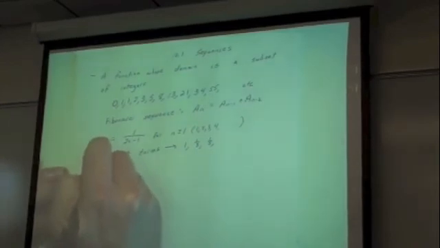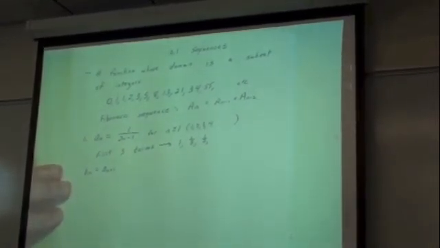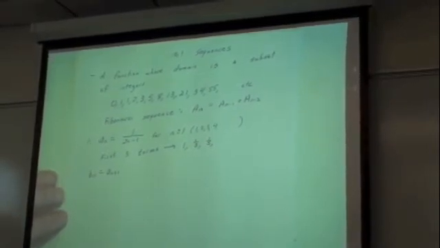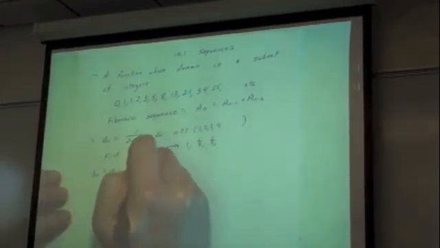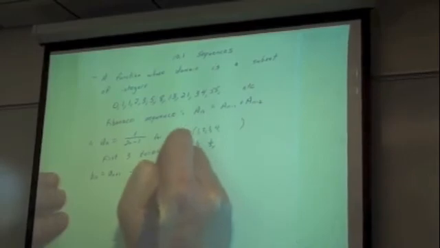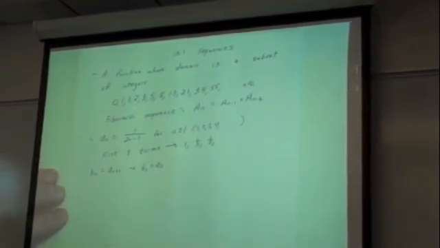Now, what if I say, I want you to find b sub n, which is equal to a sub n plus 1. And I want you to find the first 3 terms of that. Well, all you have to do is say, if b sub n is equal to a sub n plus 1, then the first term of b sub n, b of 1, would equal the second term of a, which is going to be 1/3.